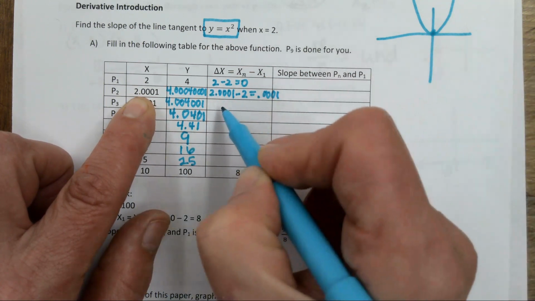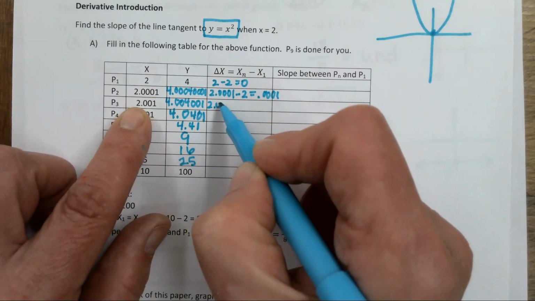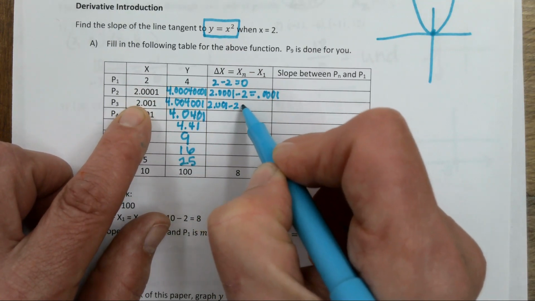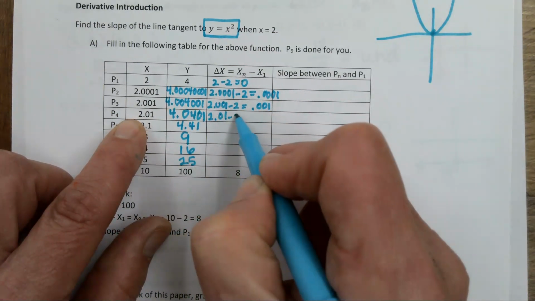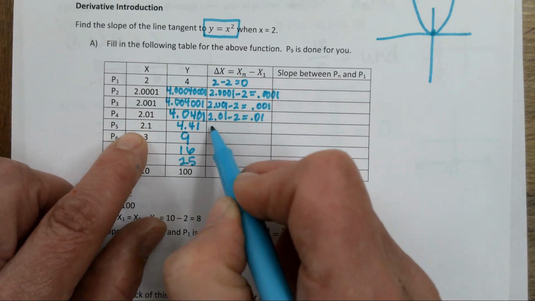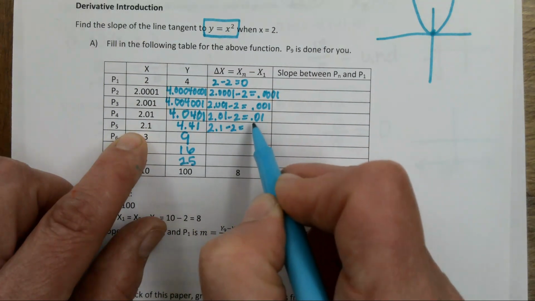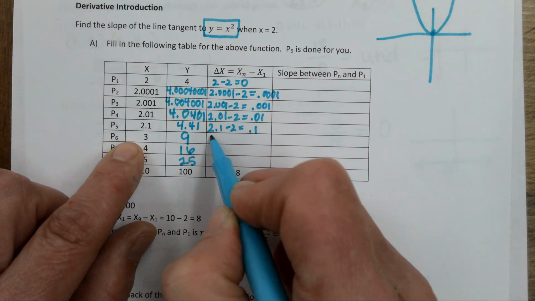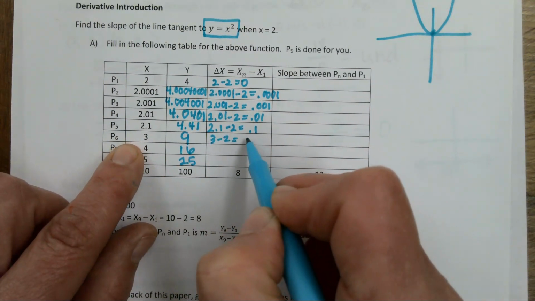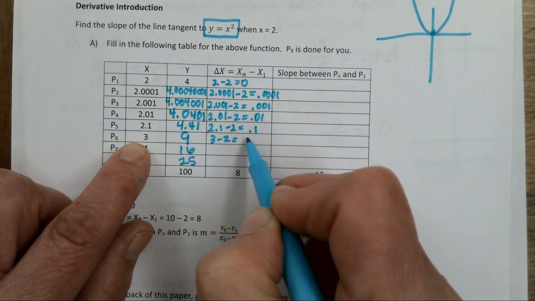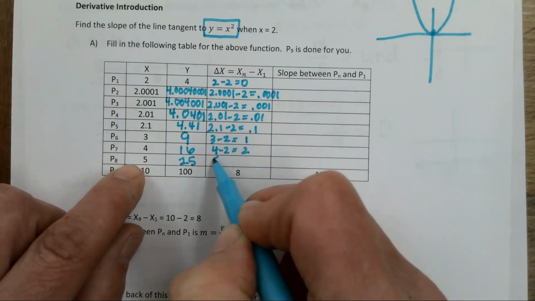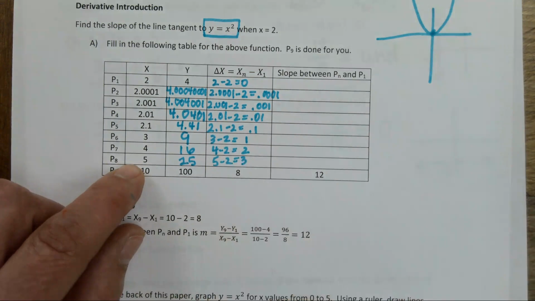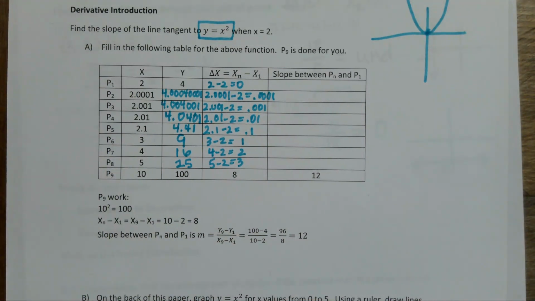Great. What's this next one? 0.001. What's this next one? 0.01. And our next one? 0.1. And our next one? 1. And next? Great.